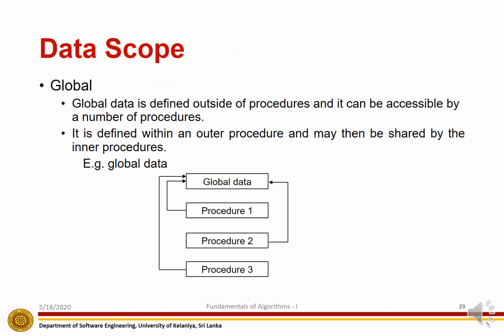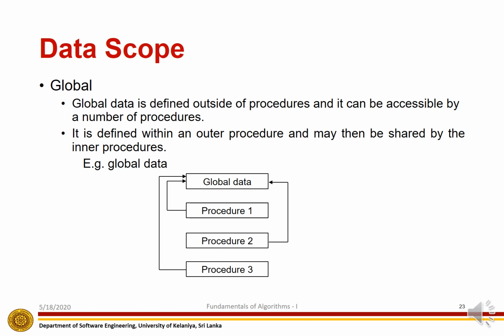Data scope. In here also there are two types. One is global and one is local. Global data. Global data is accessible from within the program in which global data is declared, or from within any other nested programs which directly or indirectly contain the program that declares global data. In the algorithms, we define data outside of the procedures.